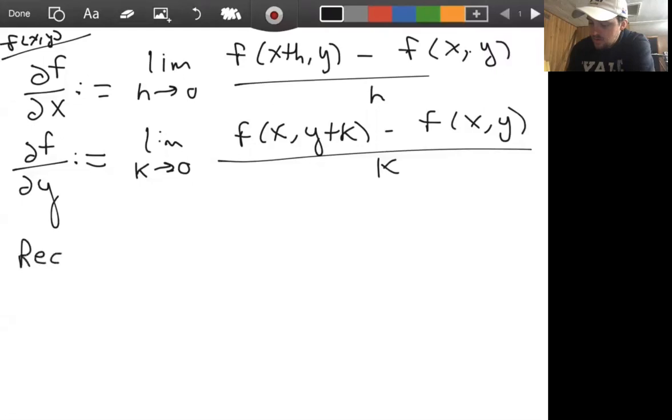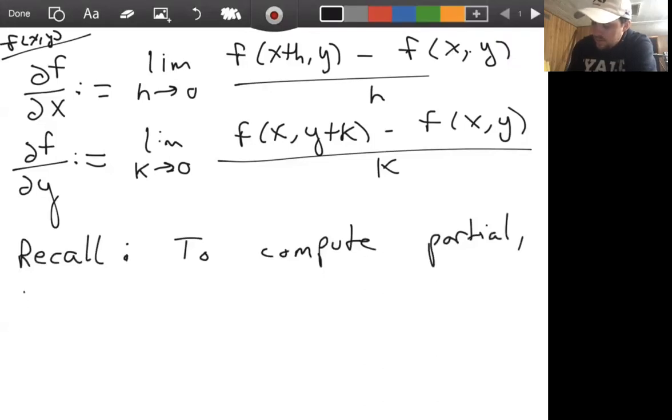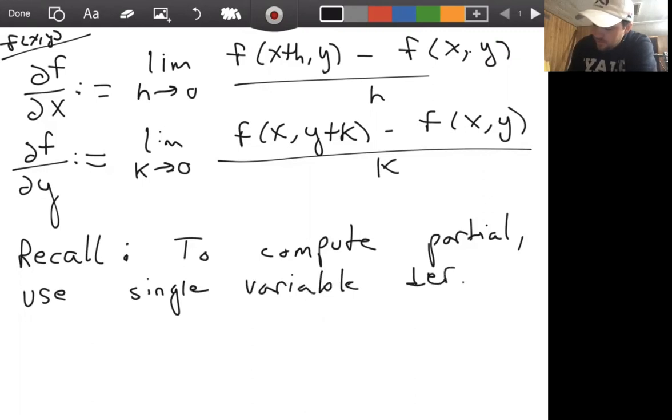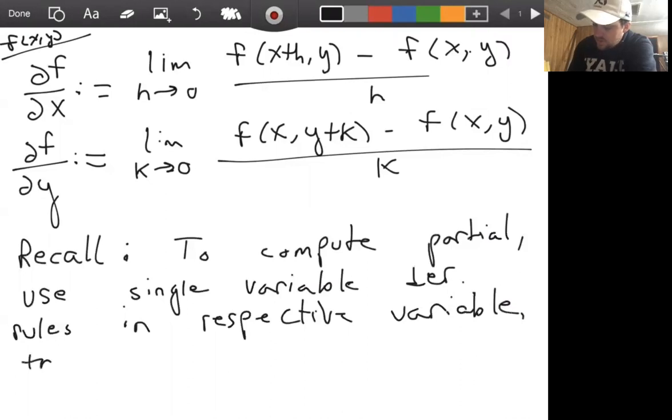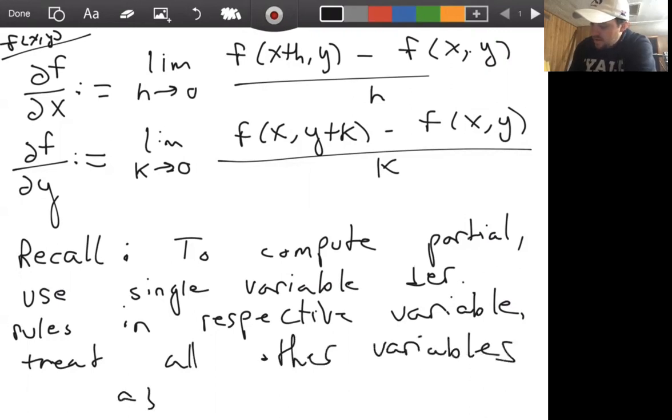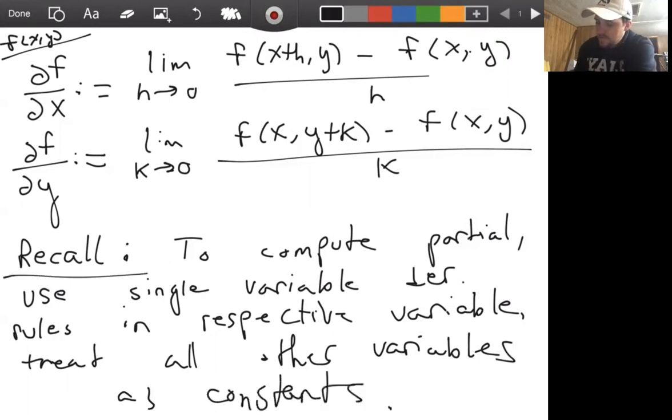So recall, to compute partial derivatives, use single variable derivative rules in the appropriate variable, whichever variable you're looking at the derivative with respect to, and then treat all other variables as constants.